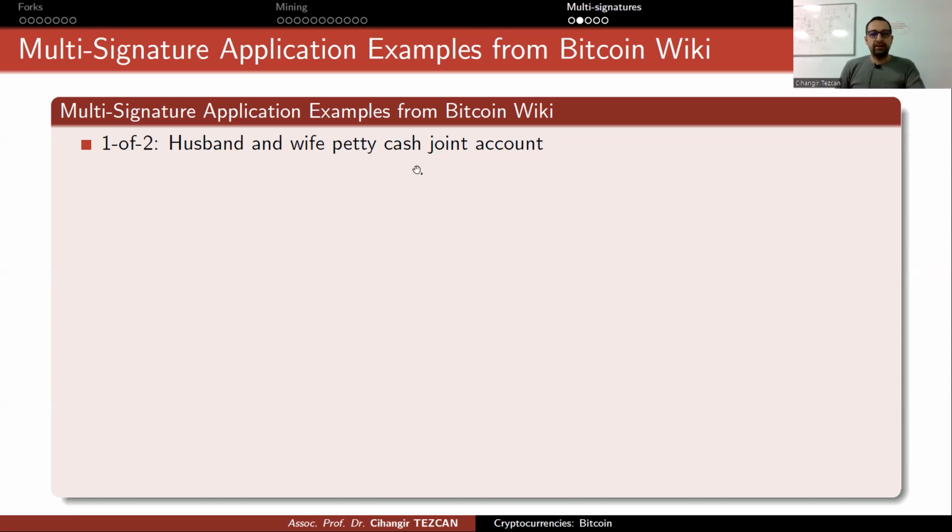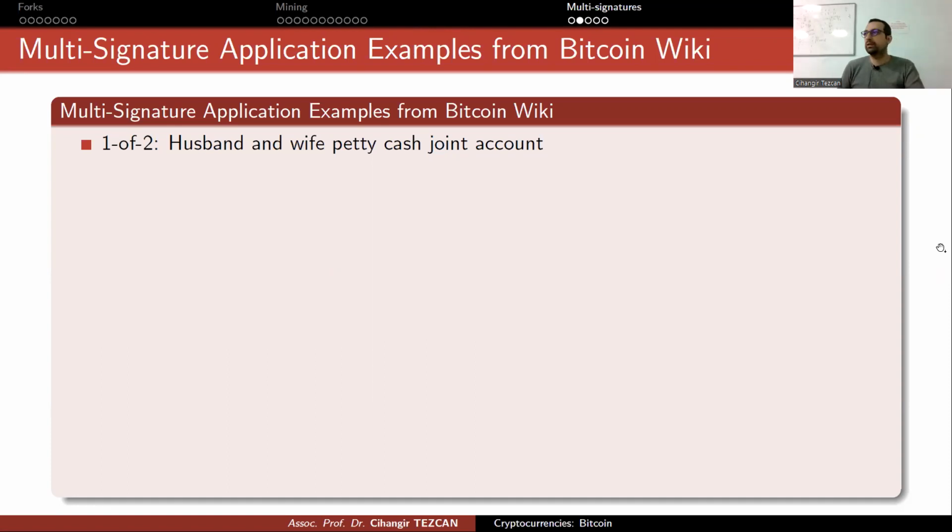So these are some of the examples you can see from the Bitcoin Wiki. One of two, husband and wife petty cash joint account. In this case, you have two signatures, husband and wife, but one of them is enough to spend the funds. Both parties trust each other, but any of the signatures can be used to spend the funds. This actually happens in traditional banking.